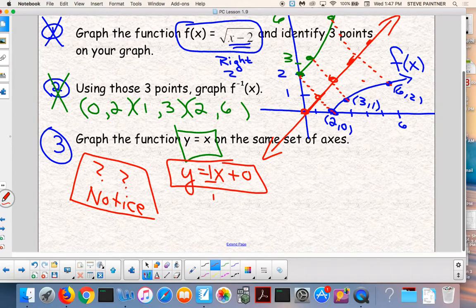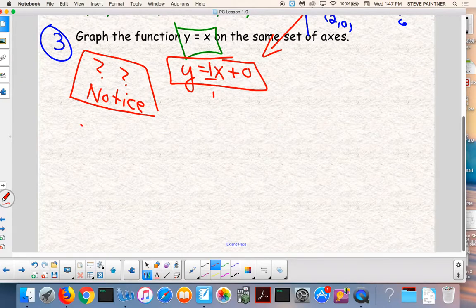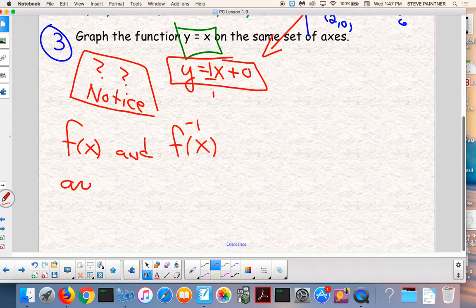Yes. So what should you write here? What did I notice? I noticed that f of x and the inverse of f of x are what? Reflected over what? Y equals x.